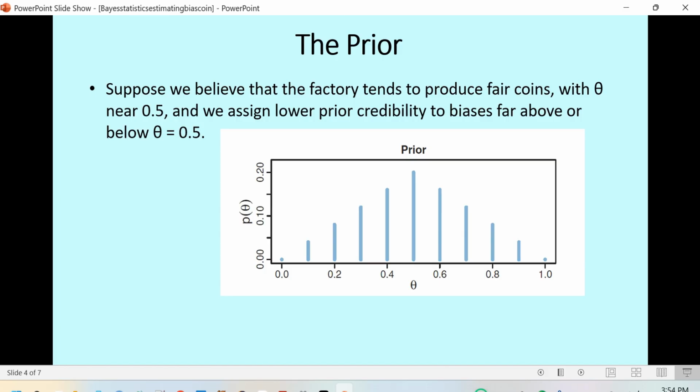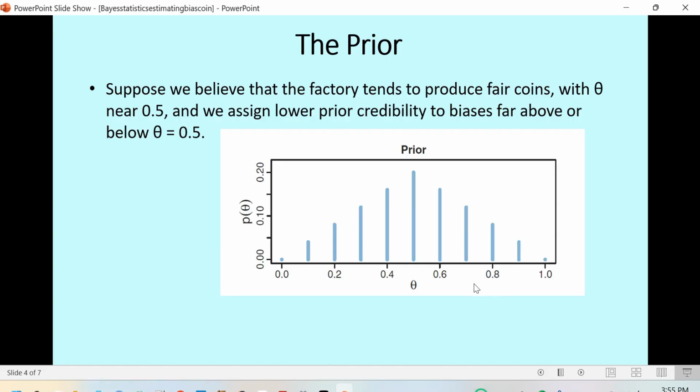That means we have a very high probability for returning a head around 0.5, and a very low probability of returning far above or below 0.5. If the total probability is 1 across the categorical values of theta, we have prior information that theta equals 0 is very, very low, and 0.2 is higher than 0.1.